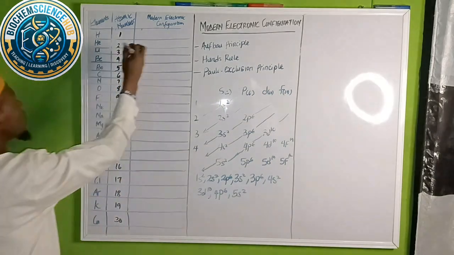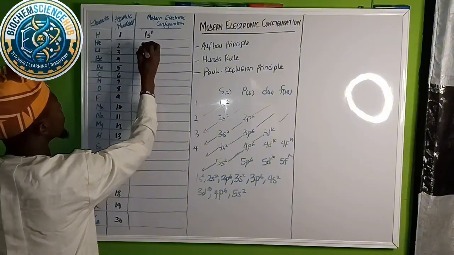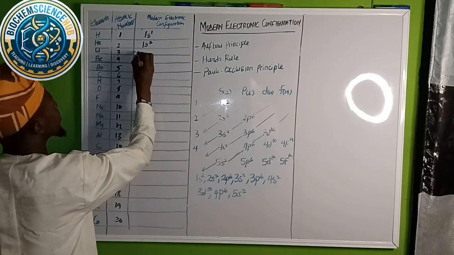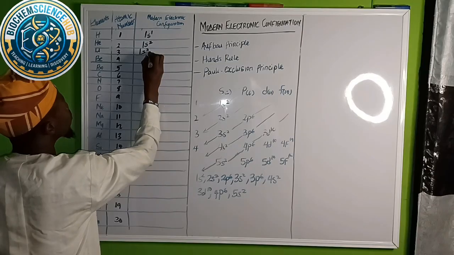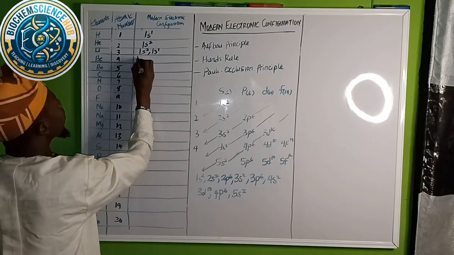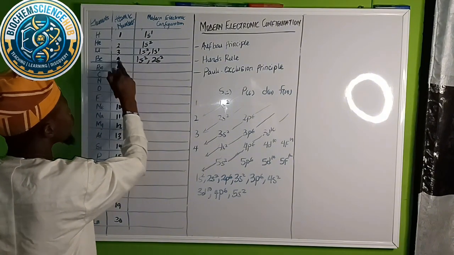So hydrogen is 1s1, helium 1s2, lithium 1s2, 2s1. Let's go. You can follow me. Let's do it together. 1s2, 2s2. 2 plus 2, that's 4, right?